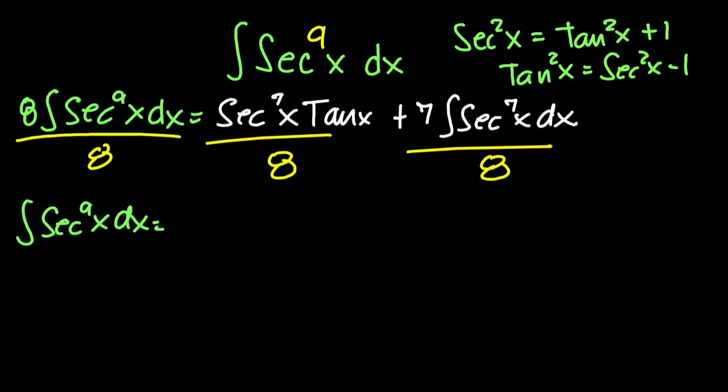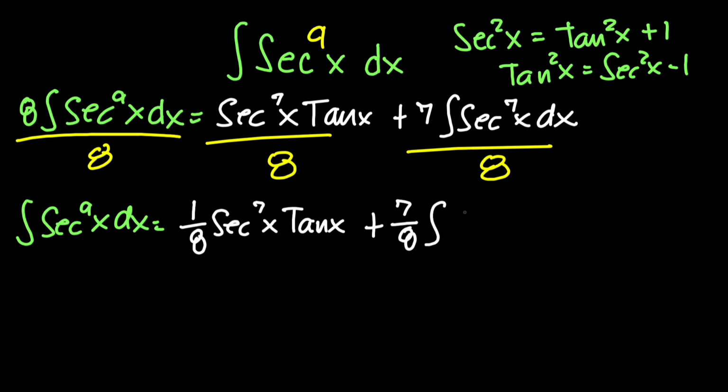Be equal to this one. We can actually put this as 1/8 multiplied by secant to the power 7 of x tan of x. Plus, for this one, since what we have here had already a number of 7, it would be 7 over 8 integral of secant to the power 7 of x of dx.